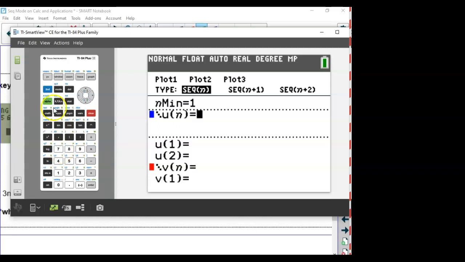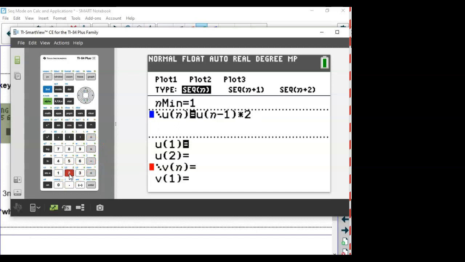So you would do second and then that u that's on the 7, and then you would say n minus 1. So you're going to do just parenthesis, the x minus 1, which is going to put in n minus 1. So even though it's not a subscript, that's saying the previous term. So if I wanted to say the previous term times 2, I could just do that.